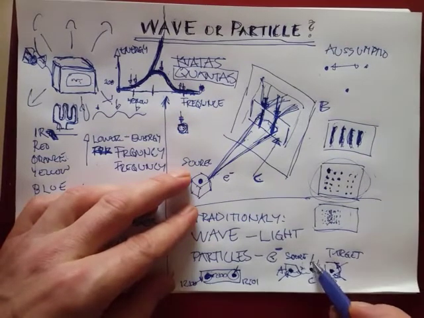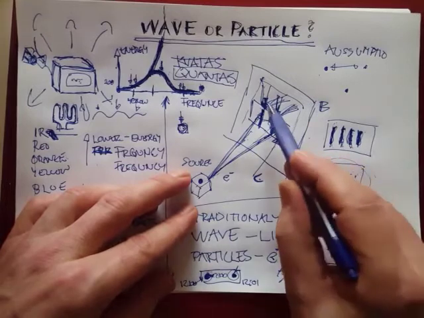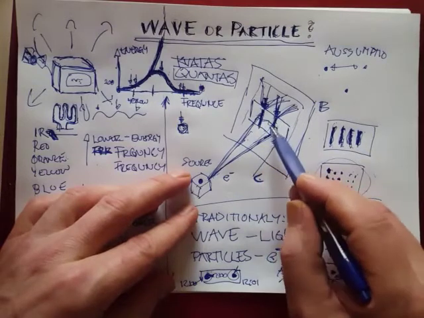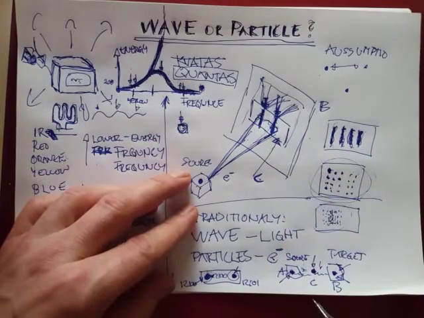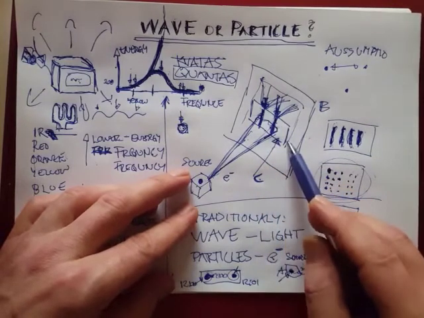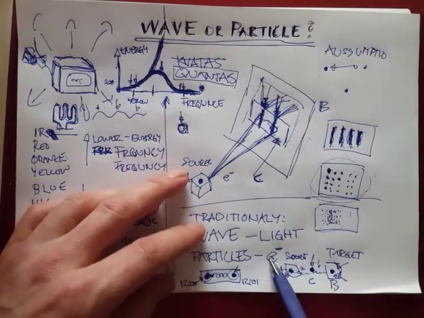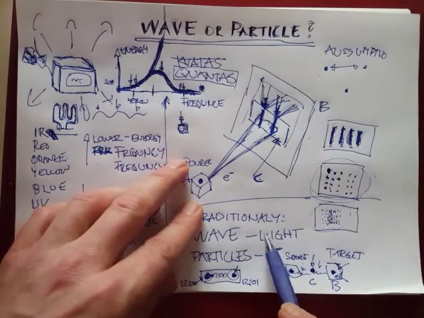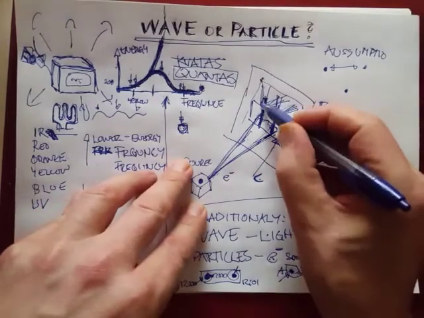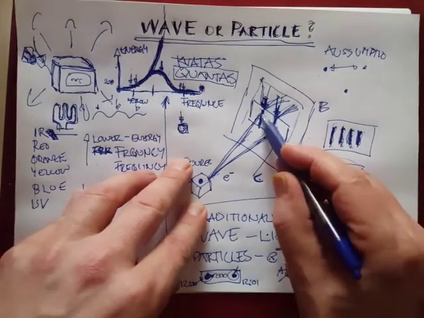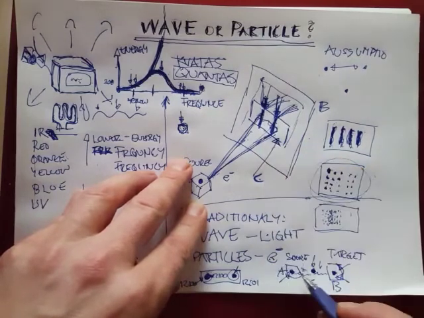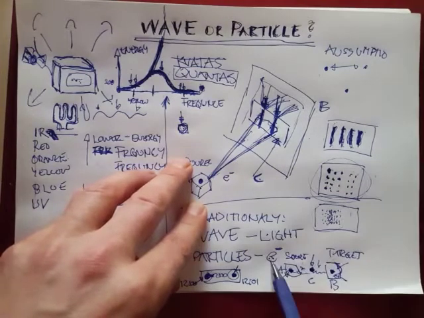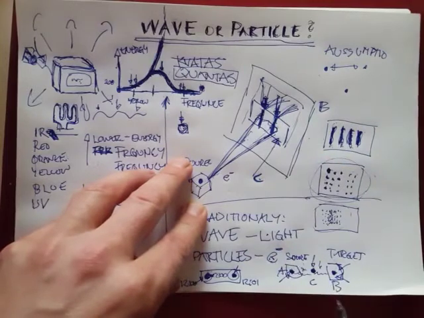So at C, when we don't try to detect it, it goes through the slits as a wave-like thing, whether it is a particle or a wave. It behaves the same. And if we try to detect it here, we will find a particle here. Whether it's light or an electron, we will find that particle there.